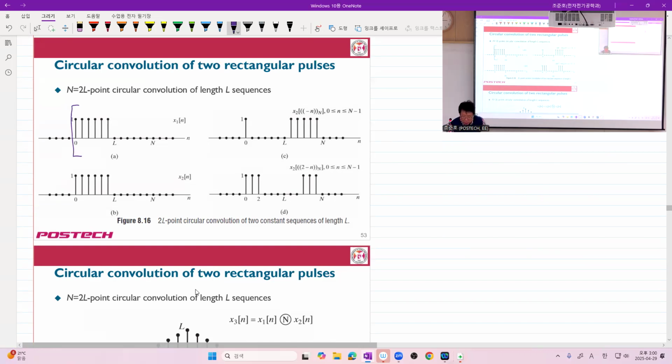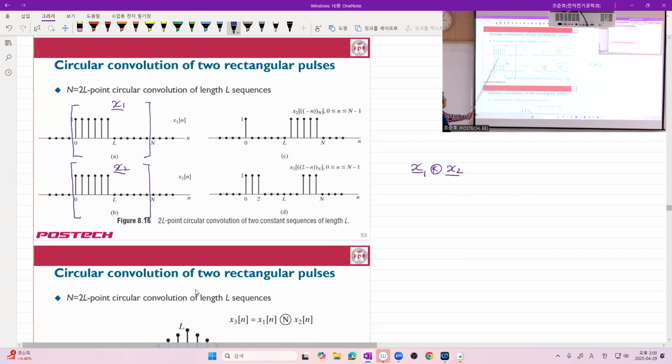Suppose you take these capital N terms and those capital N terms from signals x1 and x2, and call this the x1 vector and this the x2 vector. Now the question is, what is x1 circular convolved with x2? As you see, the zeroth entry is just the inner product of these two.